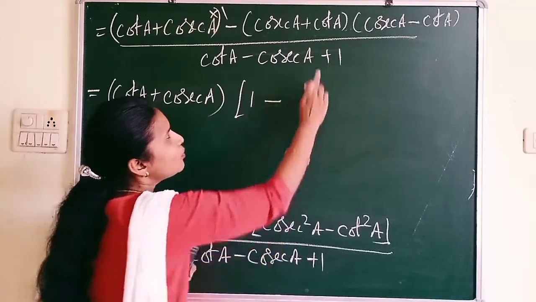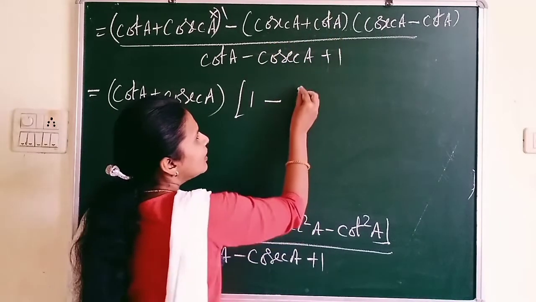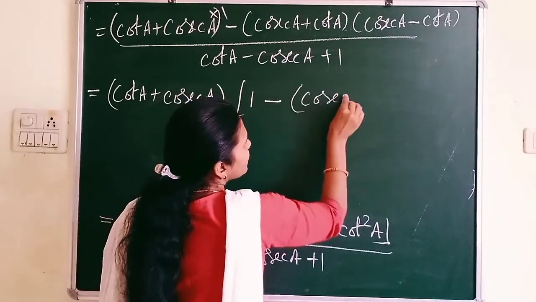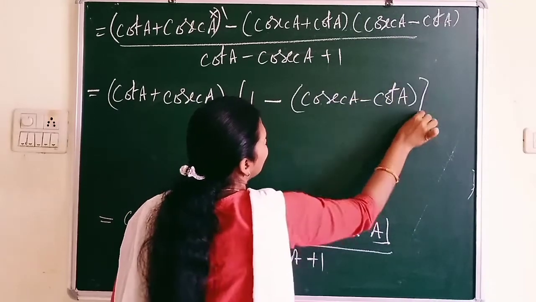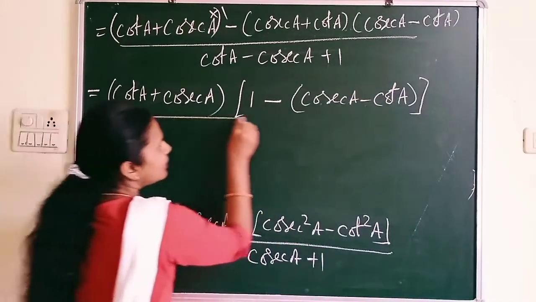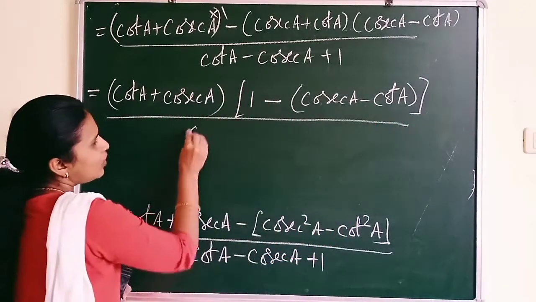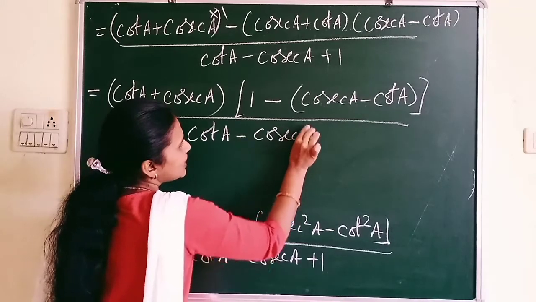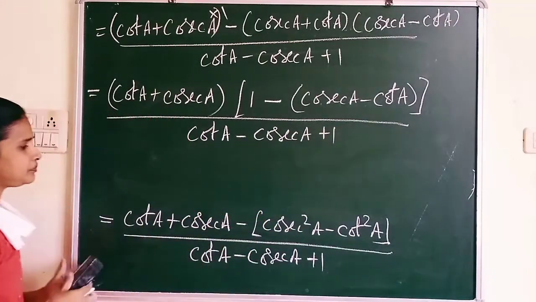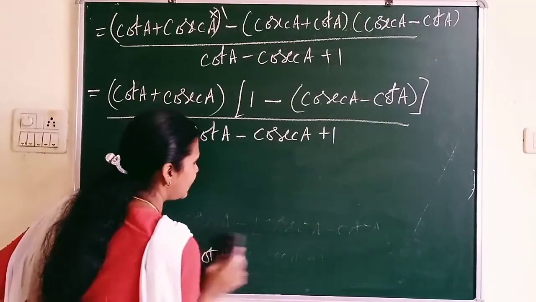So no need of writing 1 here, because 1 into any number is the same. Now write what is remaining. Cosec A minus cot A is remaining, divided by, write the denominator again as it is, cot A minus cosec A plus 1. Now almost we are at the end.